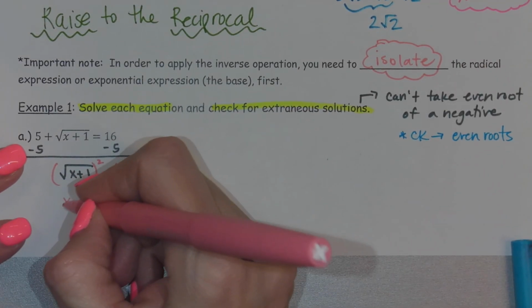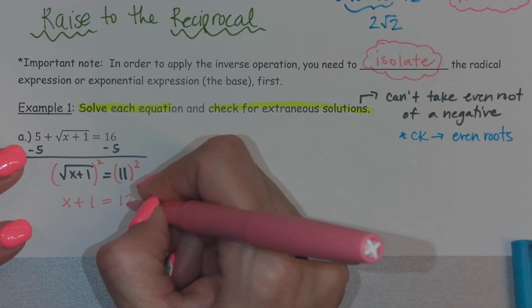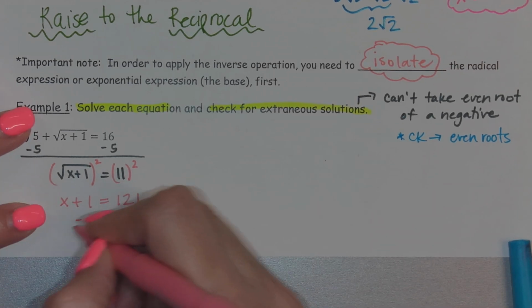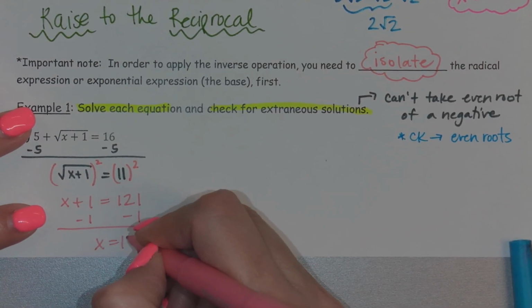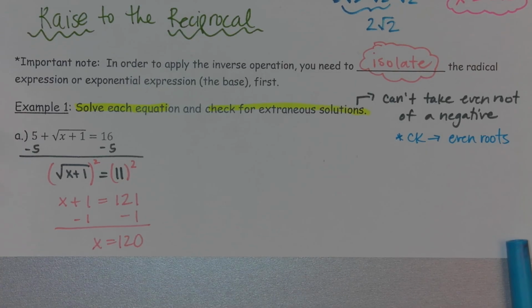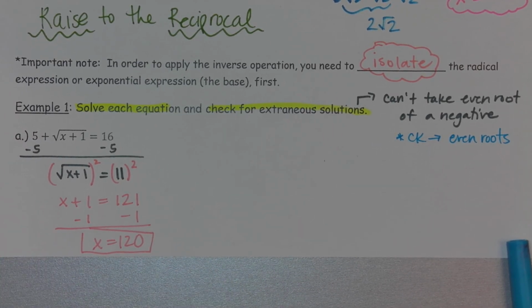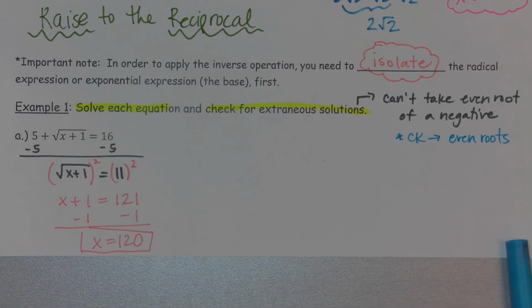Okay, so this would be x plus 1. This would be 121 when you square it. Okay, so you get x is 120, and then is it an even root? Yes, if it's an even root, then we check.